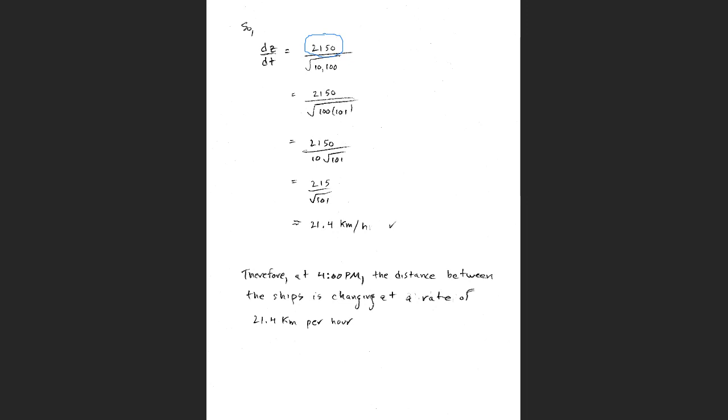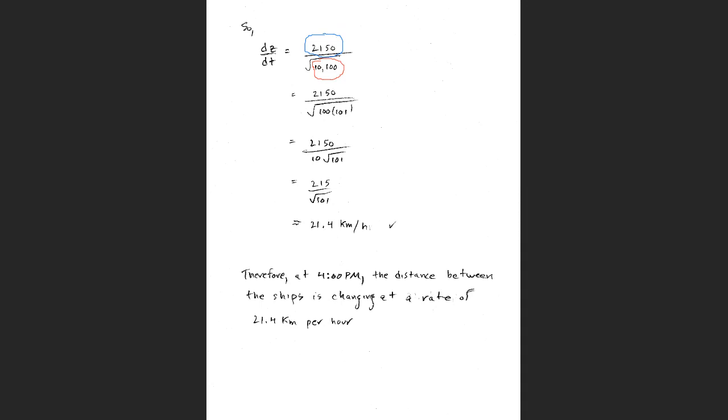I noticed that 100 goes into 10,100, and 100 is a nice square root number. So I'm going to write the square root of 10,100 as the square root of 100 times 101. Just divide 10,100 by 100 on your calculator, or do it in your head. You get 101.